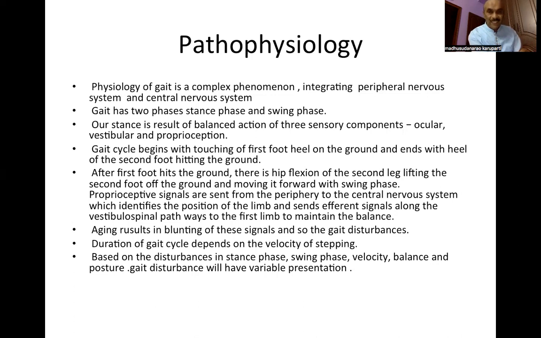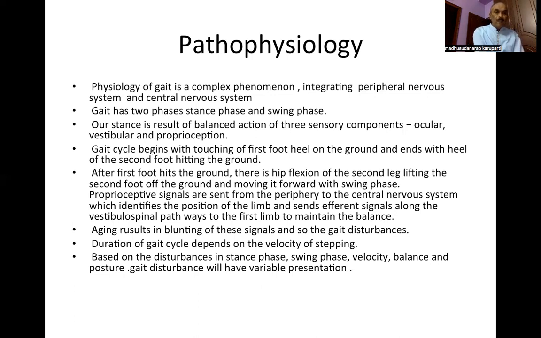Proprioceptive signals are sent from the periphery to the central nervous system, which identifies the position of the limb and sends efferent signals along the vestibulospinal pathway to the first limb in order to maintain its balance. Because one limb is off the ground, okay? You should get the signals from the higher centers to the second leg in order to maintain the stability and the balance of the body.